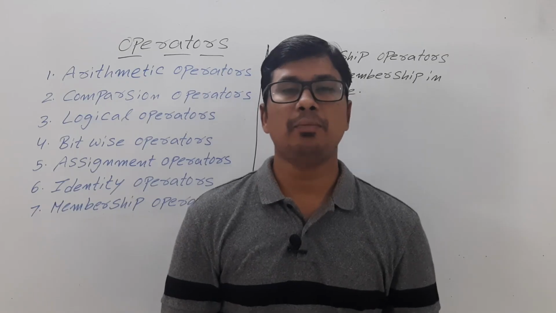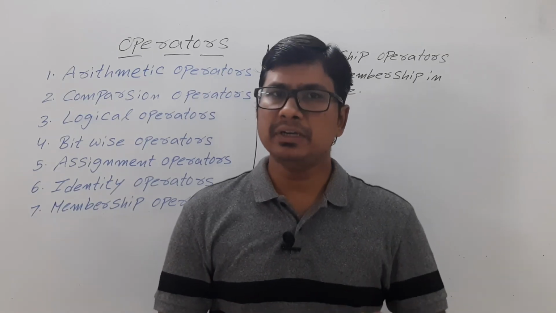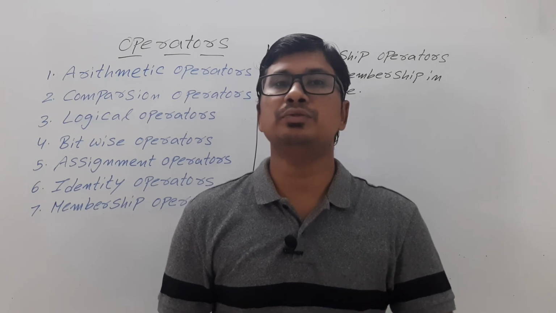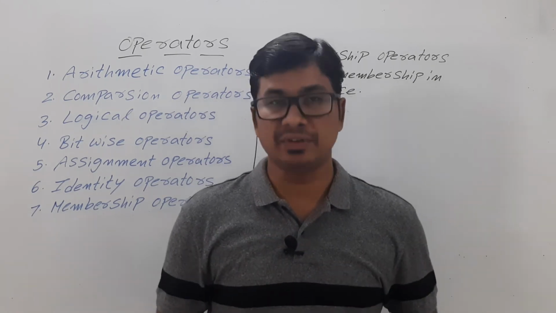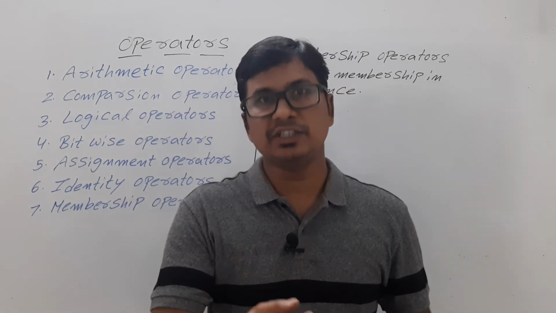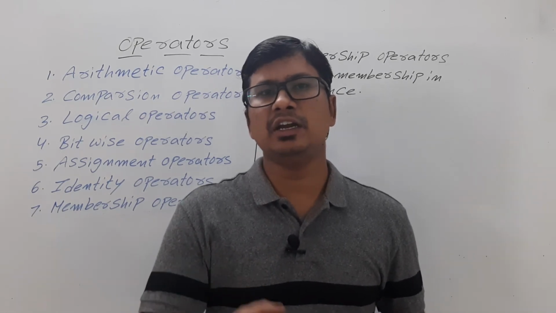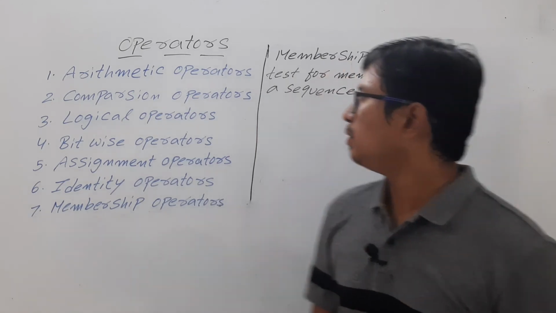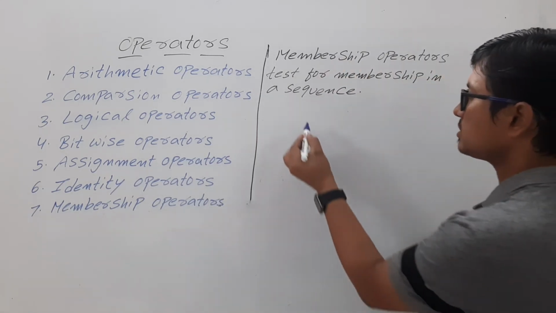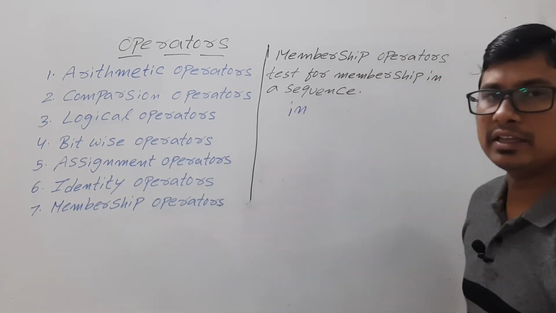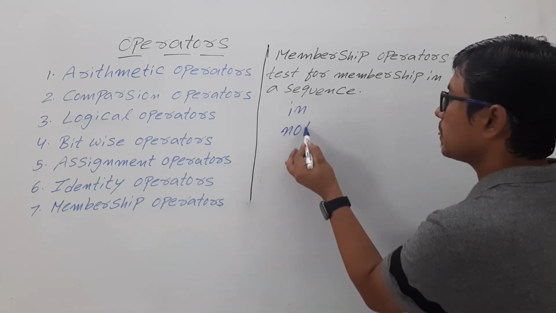Now let me discuss the membership operator. The membership operator is used to check membership in a sequence such as a list, tuple, or string. We have two membership operators: in, and not in.